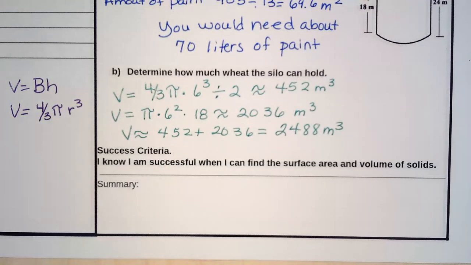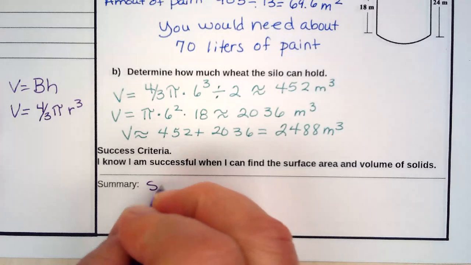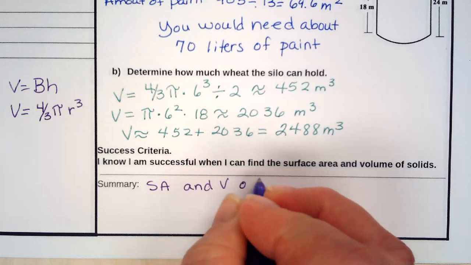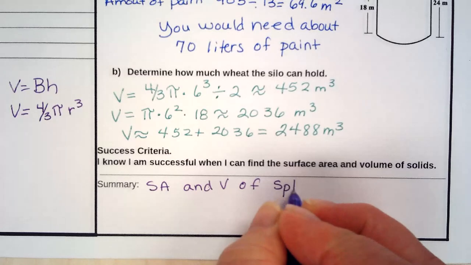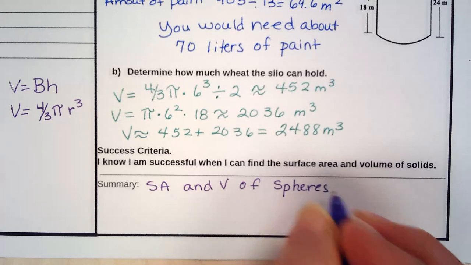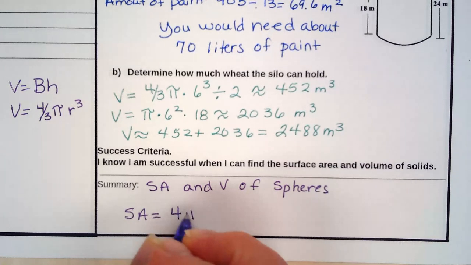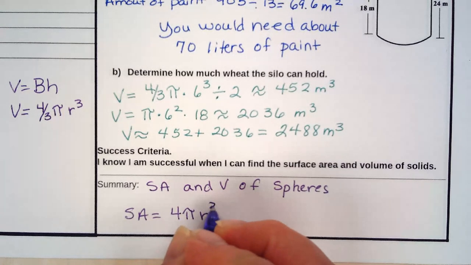So, how do you know when you're successful? When you can find the surface area and volume of solids. So this is surface area and volume of spheres. So for your surface area, it is 4 pi r to the second power.